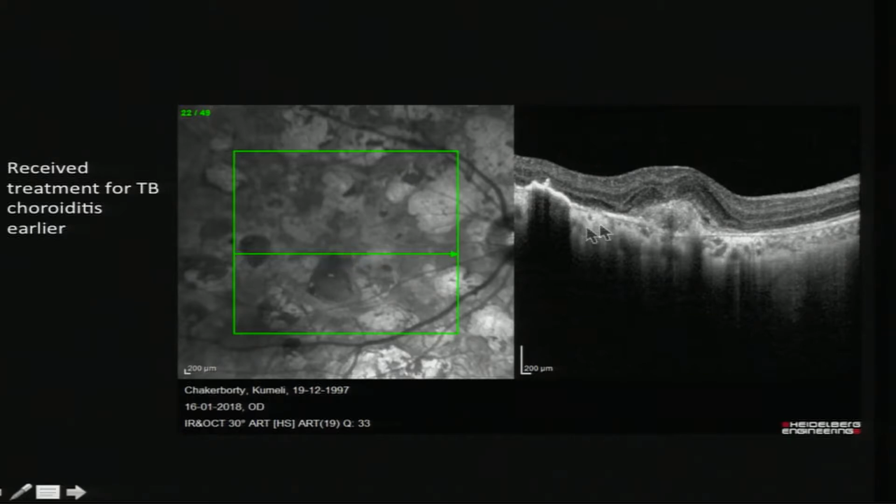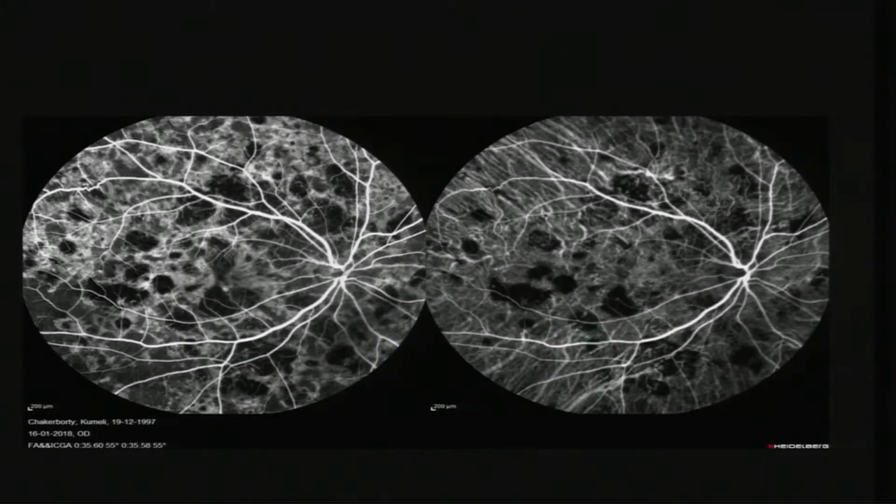We do OCT. We look at this, which we thought could be a choroidal neovascular membrane, but we did not see much of the fluid or leakage. We did an ICG. ICG, like Dr. Reema showed you, a beautiful network on ICG of CNV.